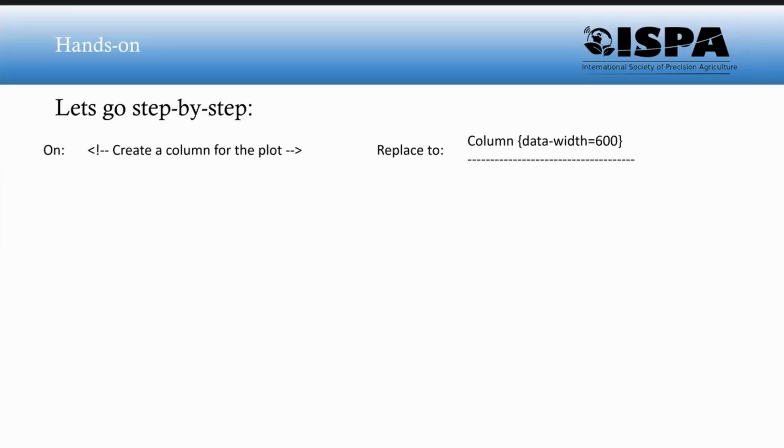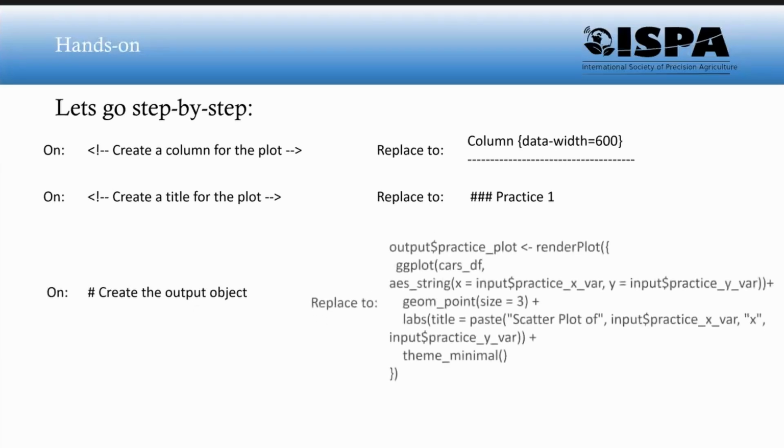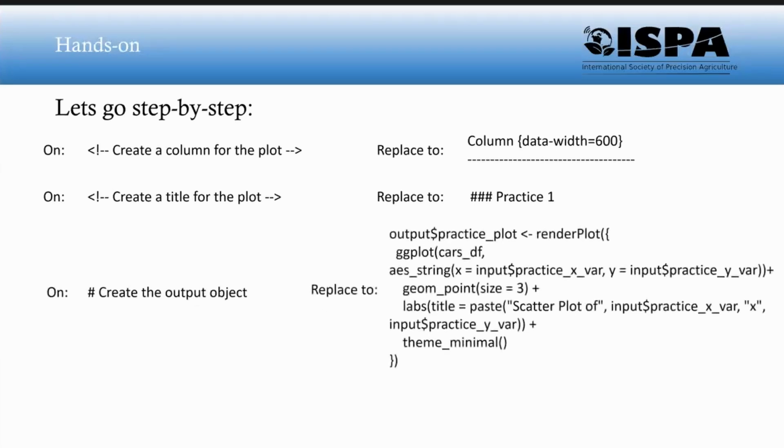Next, this will be huge. Create a title, just 3 hashtags and a title for the plot. Here we are basically getting the scatter plot from ggplot, and there are points to pay attention to.